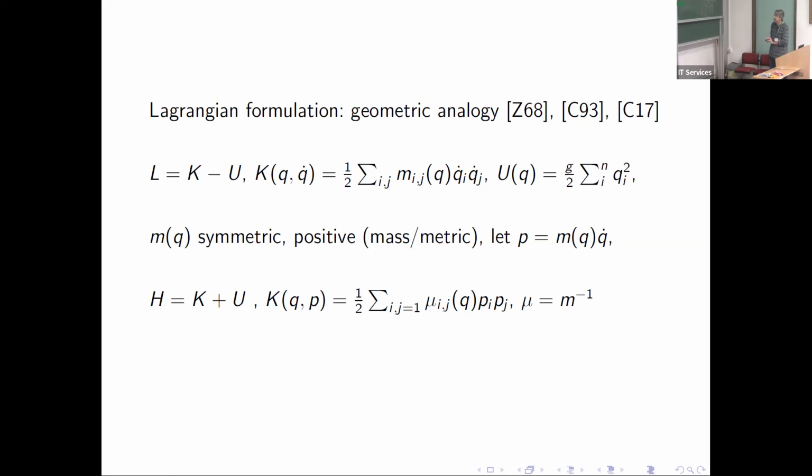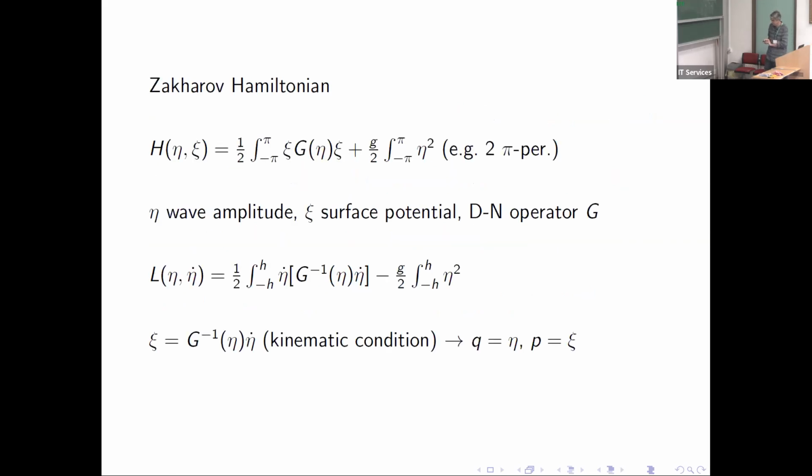Now, in Zakharov, this was recognized, at least by Craig, it's described that the Hamiltonian has this form where Xi is the hydrodynamic potential at the free surface. It's operated by the Dirichlet-Neumann operator, and then we have also this, the kinetic energy.